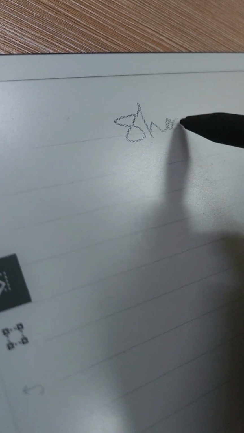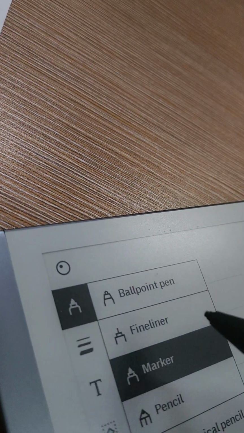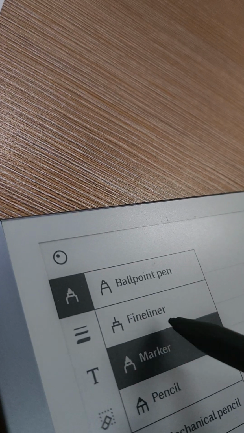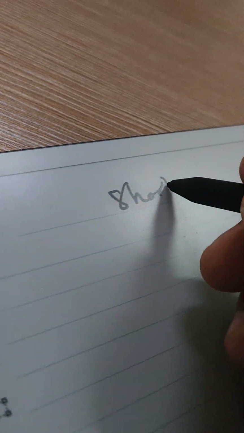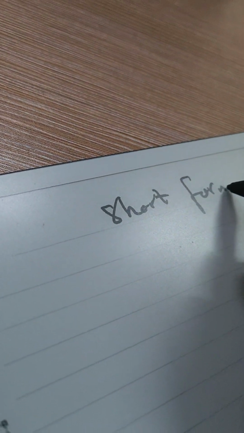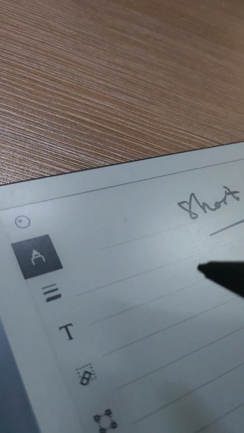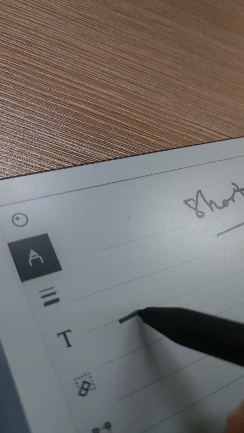Here, I'm gonna show you some short forms. Okay, short forms. How can you say this?